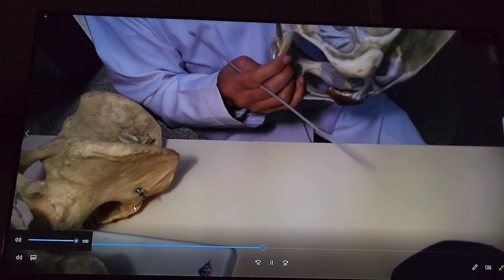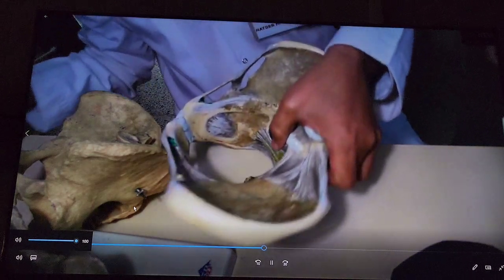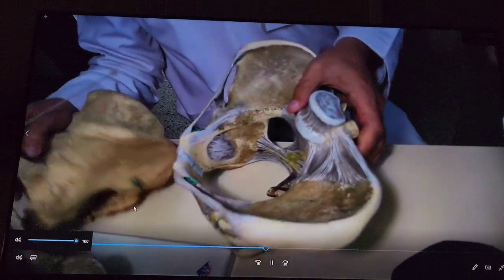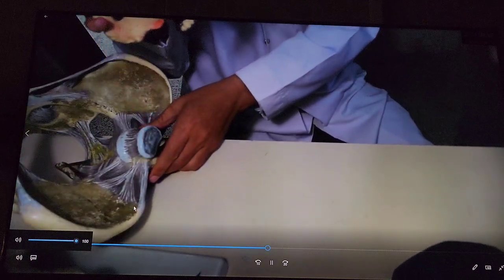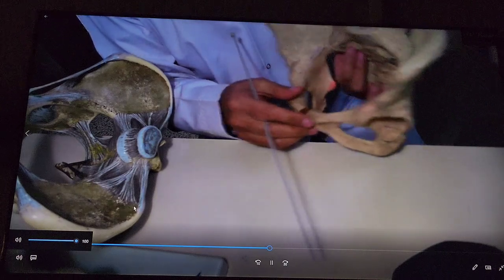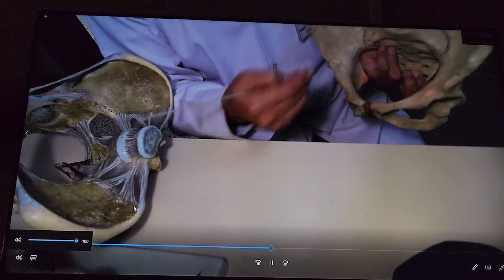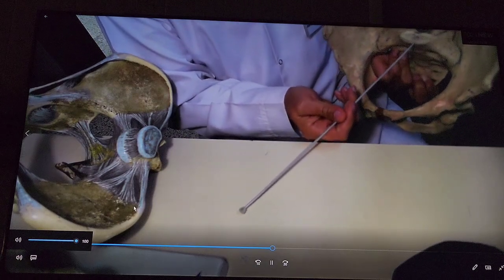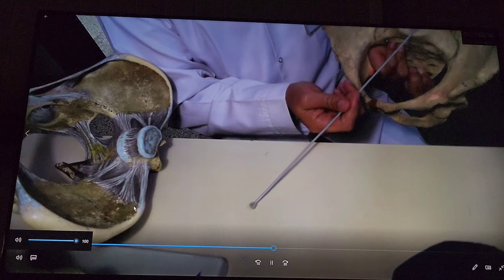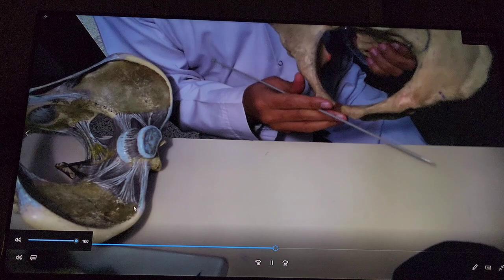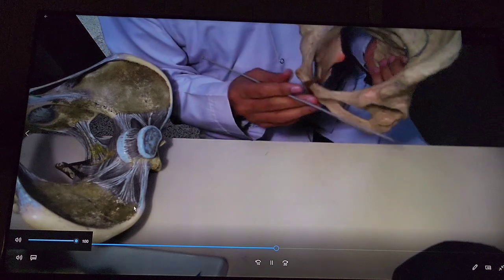The position of the pelvis in general: you can see that the plane of the superior pelvic aperture, in this region, forms about 50 to 60 degrees with the horizontal plane.